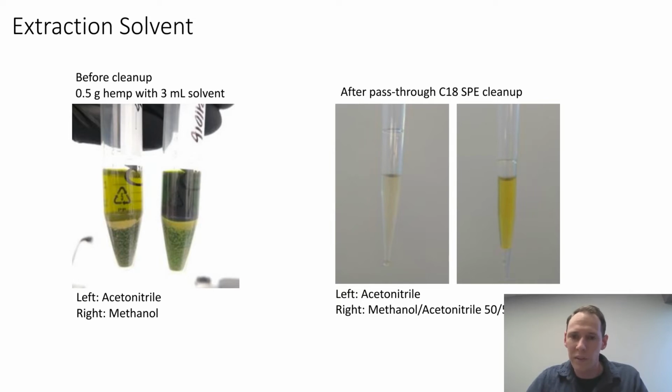And even after the cleanup, where we're using a C18 solid phase extraction cartridge, there's a lot of that green color left in the methanol extract. So for these reasons and the difficulties with cleanup, for this method I decided to stay with acetonitrile as the extraction solvent and not use methanol.